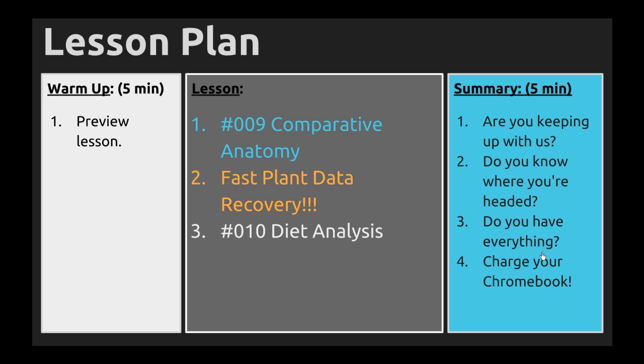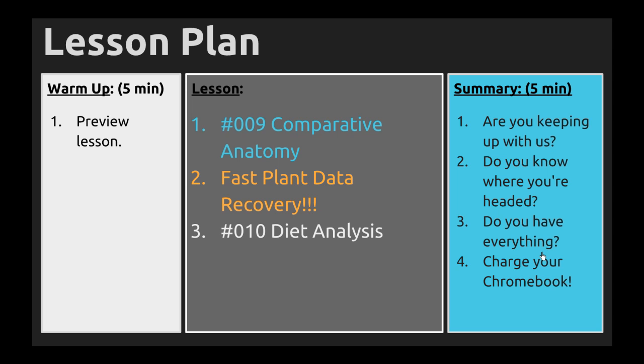Then something else that you might need to take advantage of, number 2, is the Fastplant data. A number of you don't have the data. You didn't make use of the time in class, or you lost it, or whatever reason you might have, and it's significantly impacting your grade and preventing you from moving forward to do the remainder of the study that we need to do.